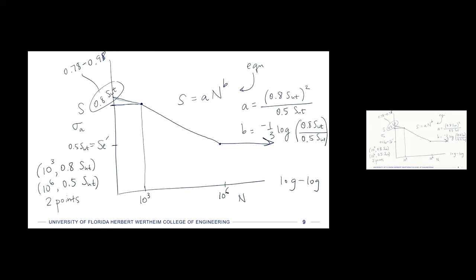So you could solve for A and B, and then you'd have an equation for this part of the curve, which is the important part. Right, so I'm going to highlight it here in red, which is the important part if you don't have infinite life.